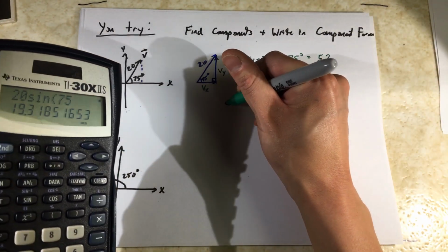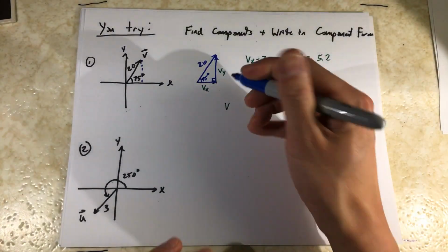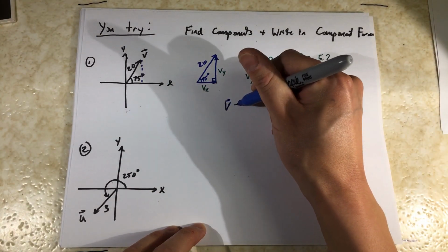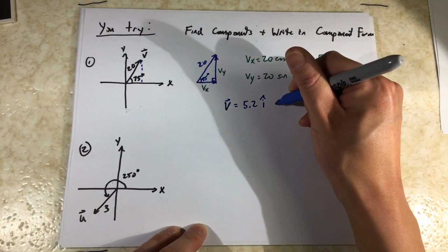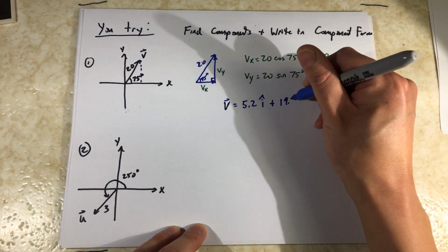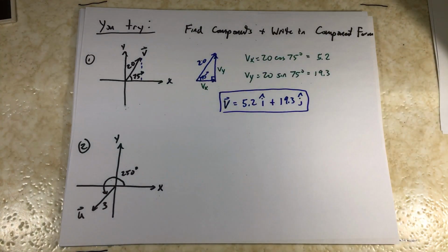Then my vector V would be 5.2 i hat plus 19.3 j hat. So that would be my vector. Okay, let's look at this other one.